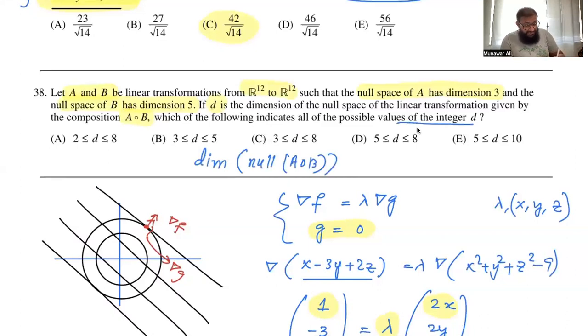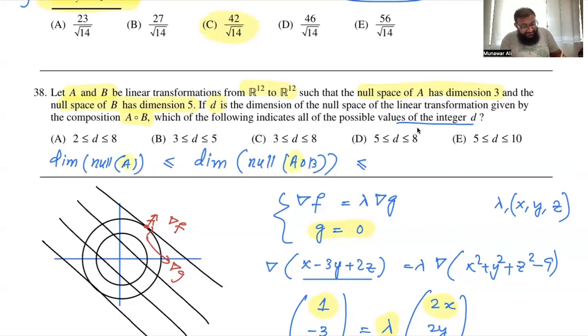So let me tell you, there is a theorem in linear algebra. I'm not going to prove it, I'm just going to quote it. The dimension of the null space of a composition of linear transformations is at least the dimension of the null space of A. What is A?